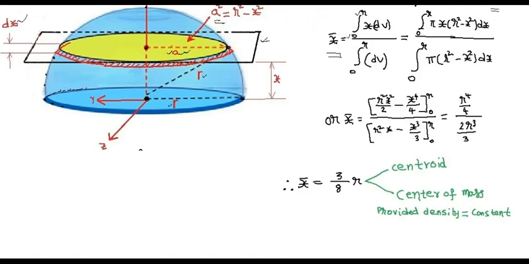So we locate the centroid somewhere here, where this distance is equal to 3/8 the radius. So we say the centroid of a hemisphere lies at a distance of 3/8 r, where r is the radius of the base circle.